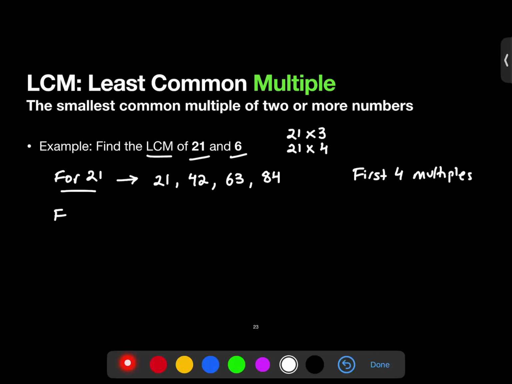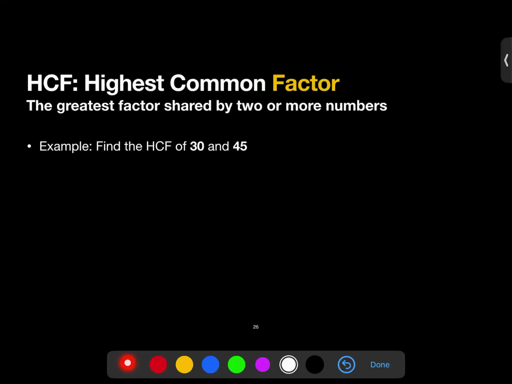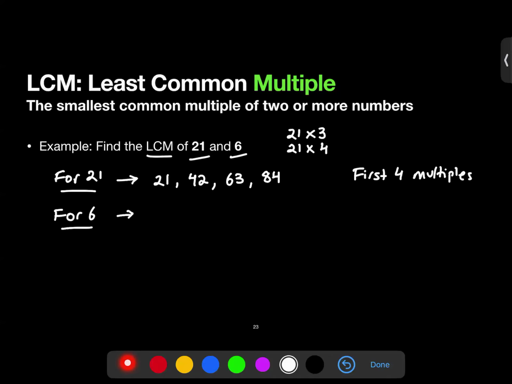So now we will do the same for the number 6. So we'll start with 6 times 1, which is, of course, 6. Then we have 6 times 2, 12. 6 times 3, 18. 6 times 4, 24.